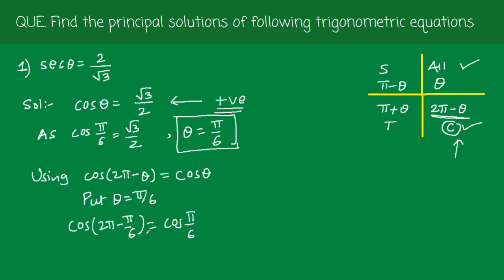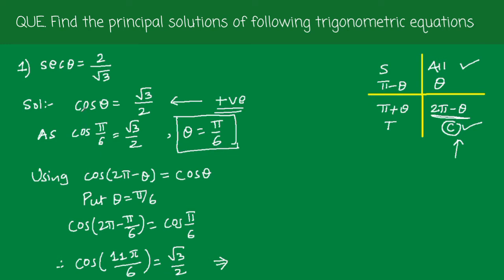Now solve both the sides simultaneously. Therefore we get cos of, what is 2 pi minus pi by 6? 6 into 2 pi, 12 pi. 12 pi minus pi, that is 11 pi. So 11 pi upon 6, which is equal to cos pi by 6. Now remember cos pi by 6 is root 3 by 2. So this implies we get the angle 11 pi by 6 such that its cos ratio is root 3 upon 2.